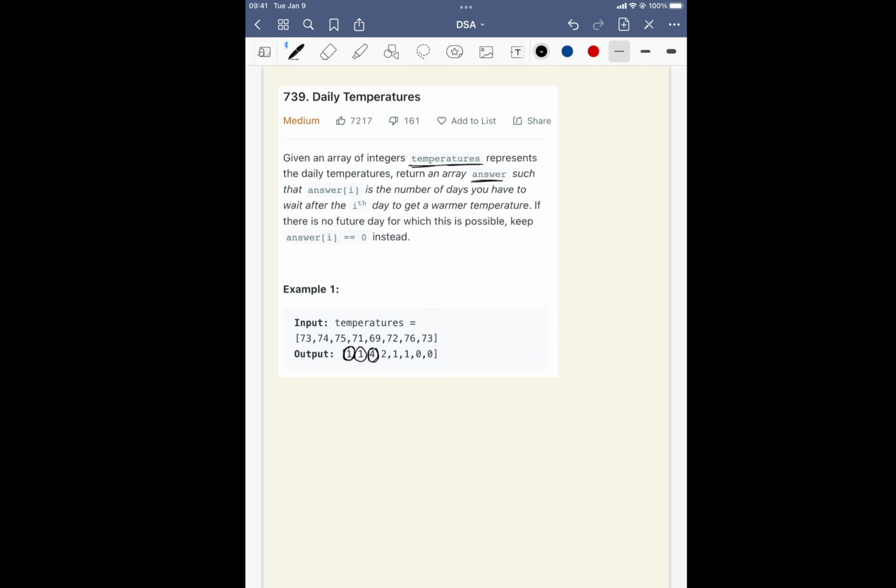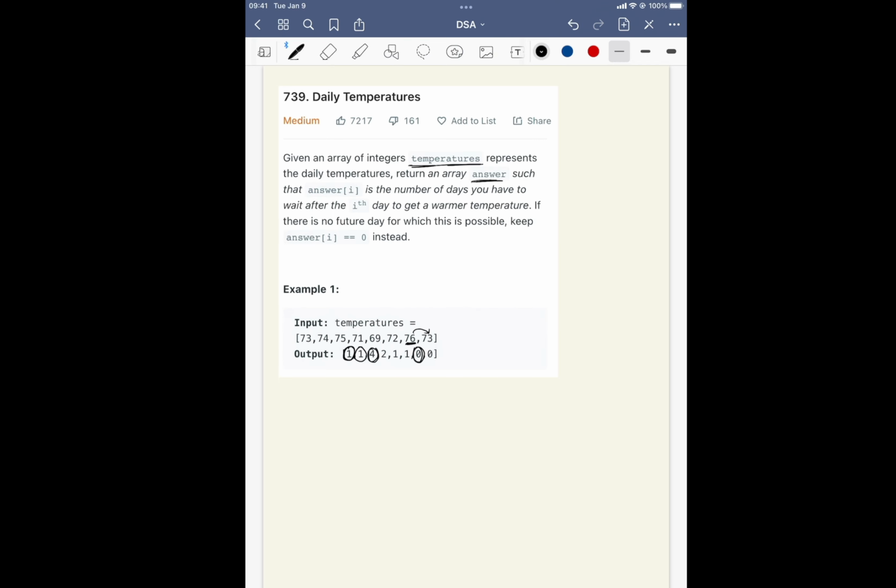You just keep on finding the next day with the higher temperature. But for some days, you can't actually find a higher temperature. So for 76, there is no higher temperature because the next temperature after that is 73, which is lower, not higher. So the answer is going to default to 0.